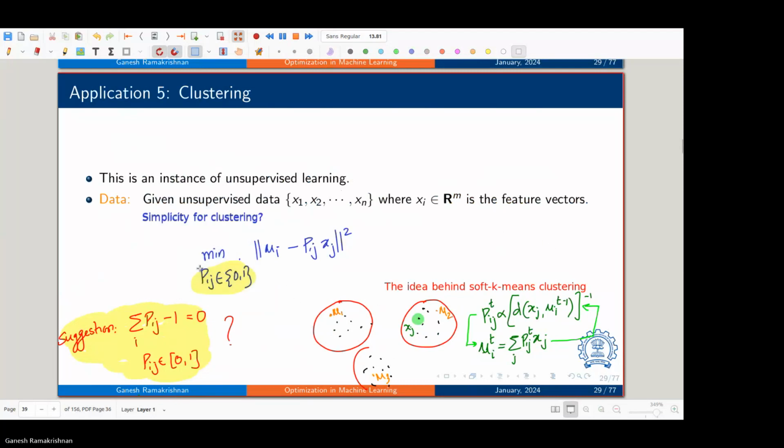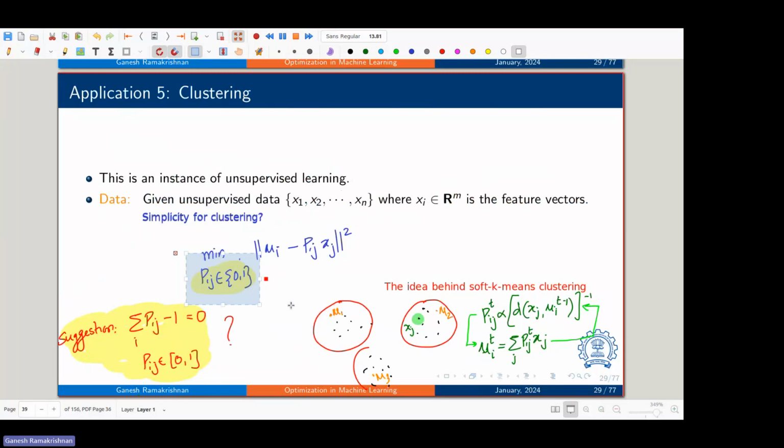Okay, so what could Pij be? It could be exactly 0 or 1. That's one notion of simplicity, which means every point either belongs to a cluster or doesn't belong to a cluster.